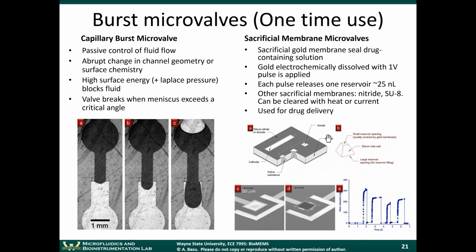So it doesn't necessarily have to be made of gold. There are other types of sacrificial membranes. You could have them made of nitride or SU8. You don't necessarily need to use an electrochemical potential. You could use something that dissolves when you increase the temperature, or something where you could run a current through it and it dissolves.